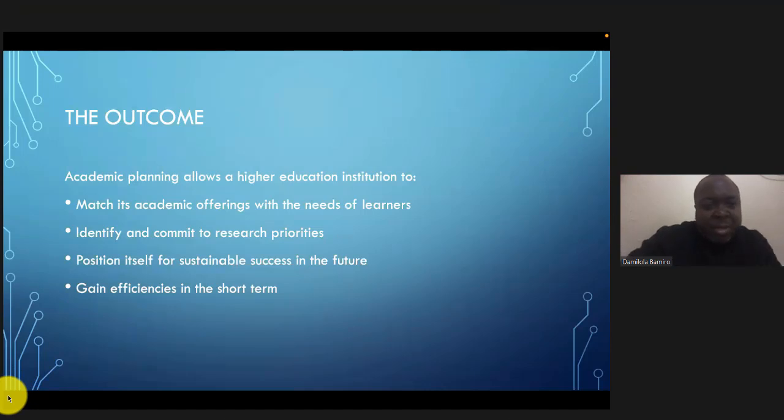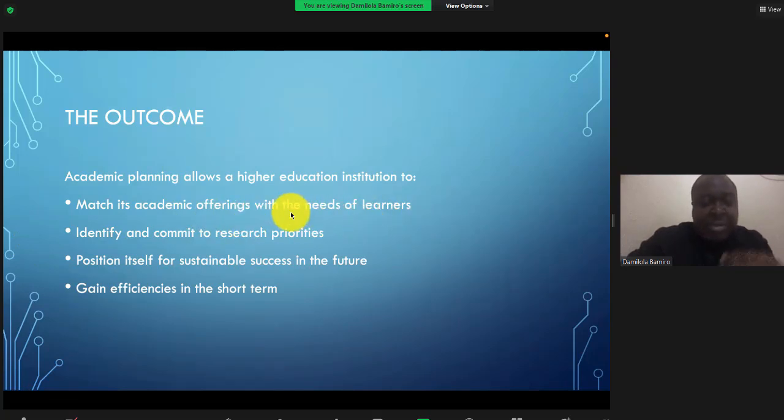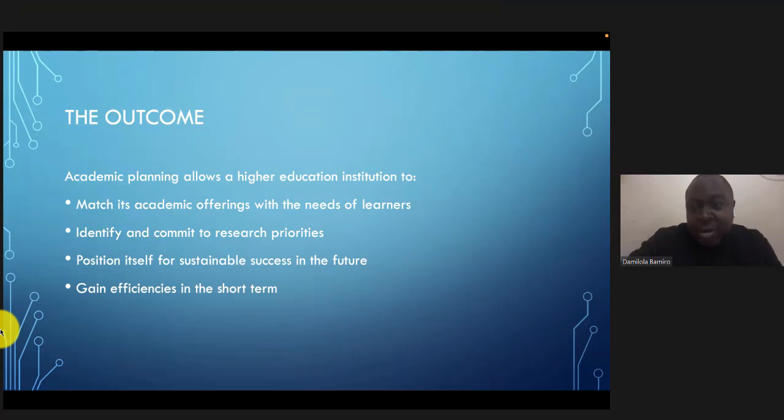What's the outcome? Every institution wants to match its academic offerings with the needs of the learners, because this is drastically changing today. Identify and commit to research priorities. You can imagine how COVID research took over a lot of budgets in a lot of institutions today. Position itself for sustainable success in the future.